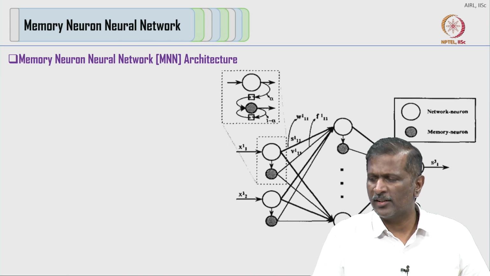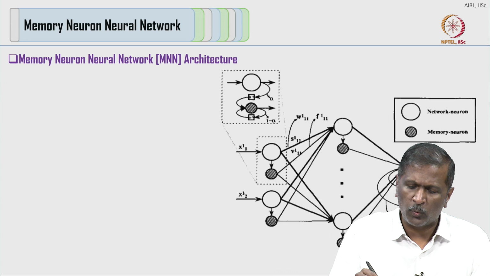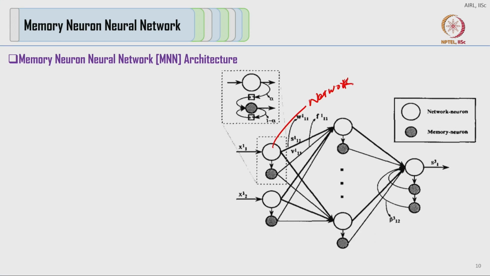The architecture of the memory neuron network is shown here. Whatever is in the white circle is called a network neuron. Whatever is in the red circle is called a memory neuron. For ease of understanding, I am showing an input layer, one hidden layer, and one output layer.